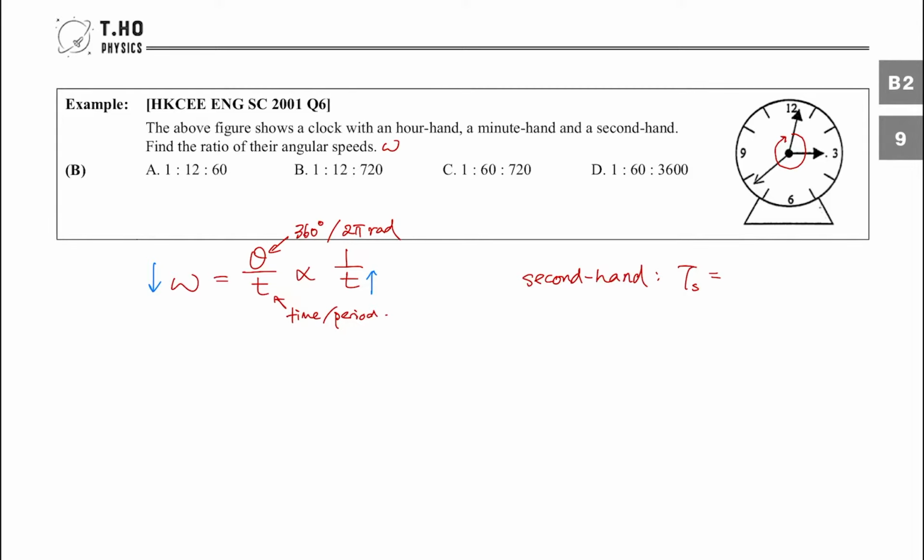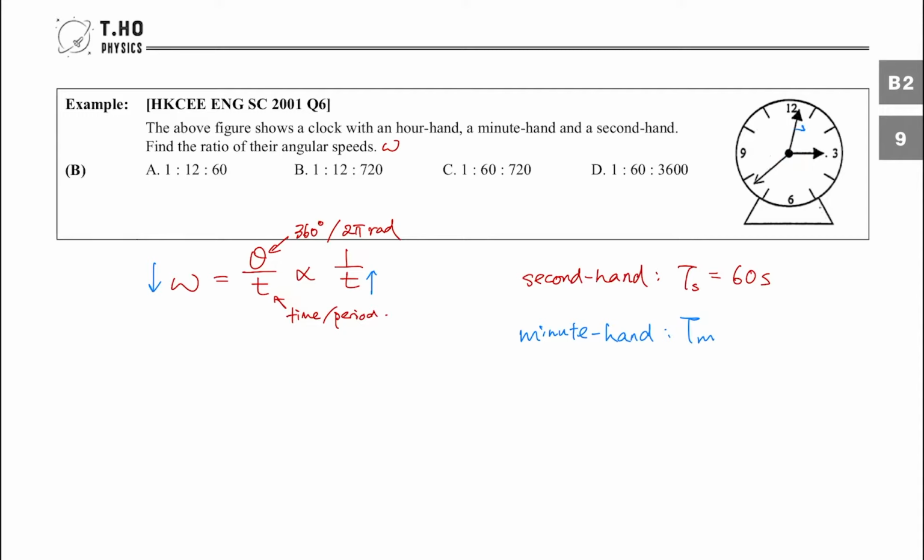So I would call it Ts, the period for second hand, is 60 seconds. Okay. How about the minute hand? I will use different color, easier to see. Minute hand, I would call it Tm.